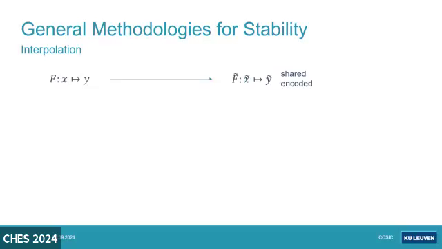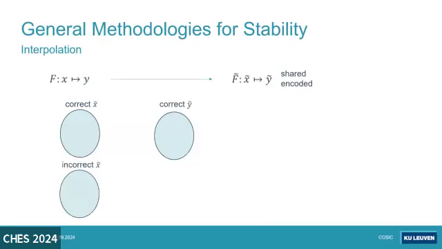And the second methodology is interpolation. So we have a function that takes x and maps it to y, and we have a shared and encoded version of it. Now what we can do is list all the correct input code words, and list all the correct output code words. Next, we list all the incorrect code words of f, and we choose an invalid, so incorrect, output code word.